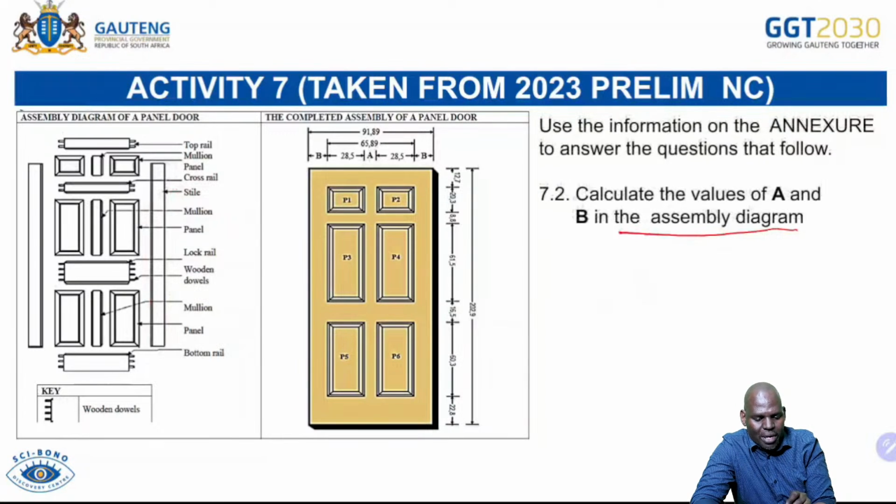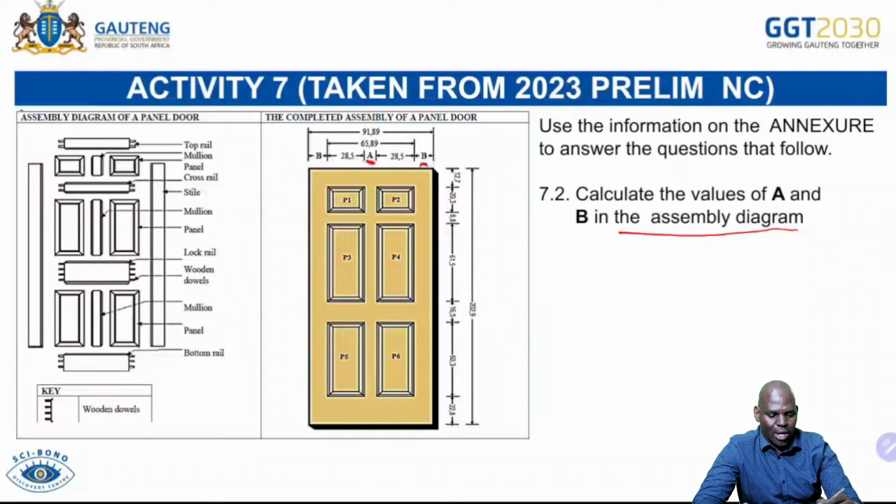It should have been the completed assembly of a panel door, because that is where I see A and B. So there's A and this is B. How do we find the value of A? From this point to the other point, it must be 65,89. And we've got 28.5 plus A plus 28.5, which must give us 65,89.